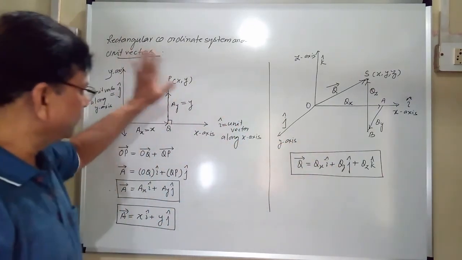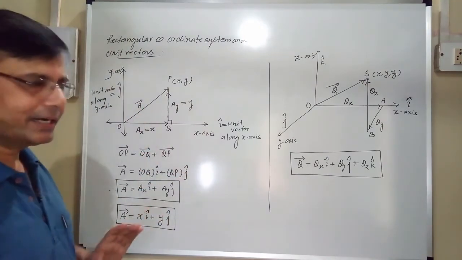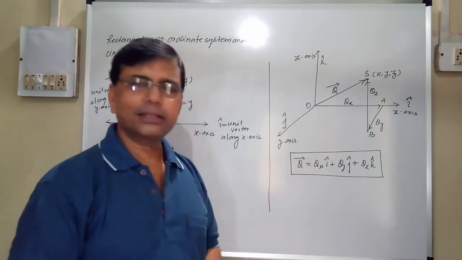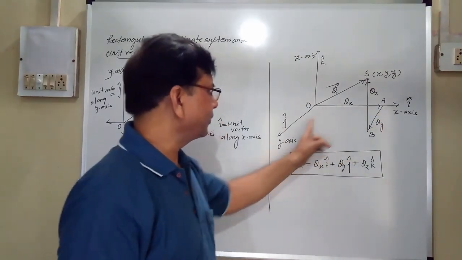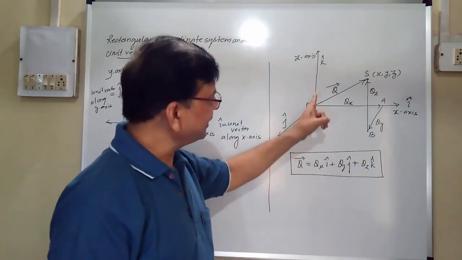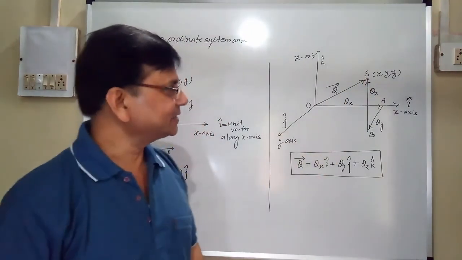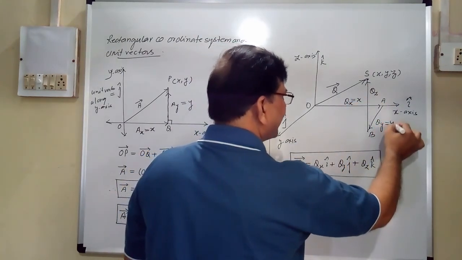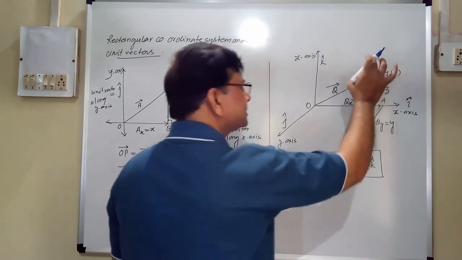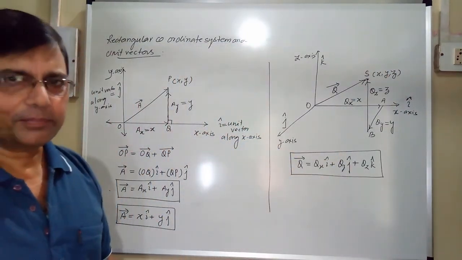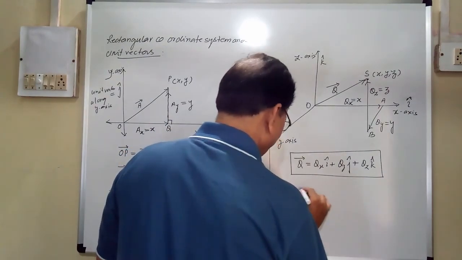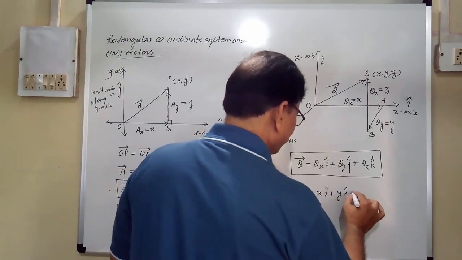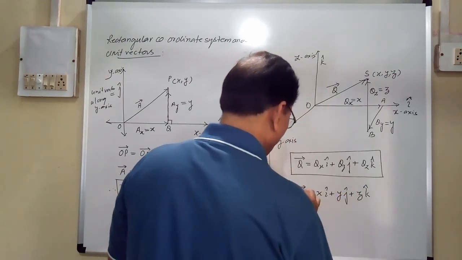If 2 axes are there, then we take x and y, and if 3 axes are there, the point is in space, then i, j, k are the unit vectors along x-axis, y-axis and z-axis, and any position vector is represented in this form, or with x, y, z, because QX is equal to x over here, QY is equal to y, and QZ is equal to z, because x, y, z are the coordinates of the point S. So this can be written as q is equal to xi plus yj plus zk also.